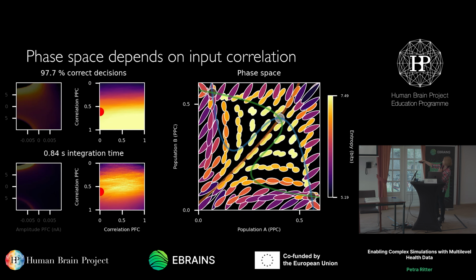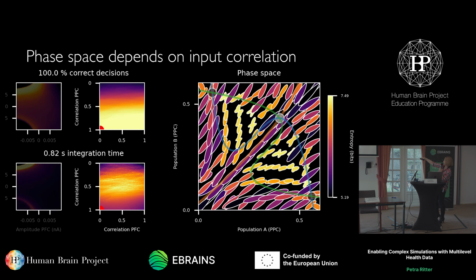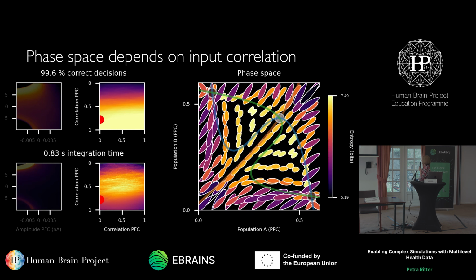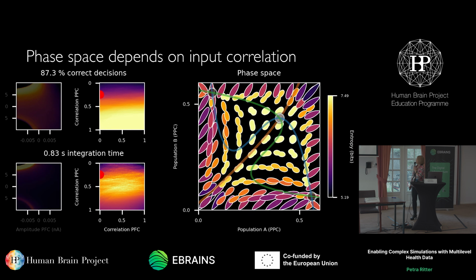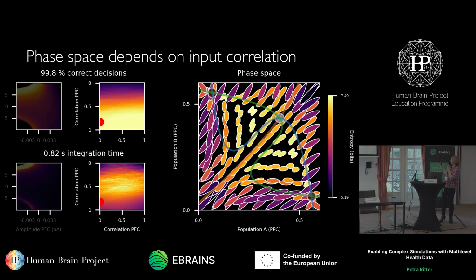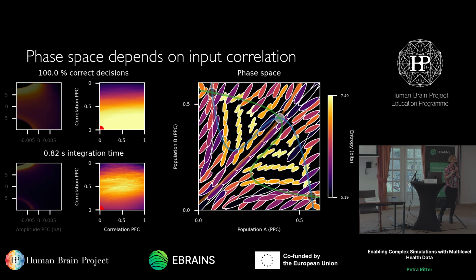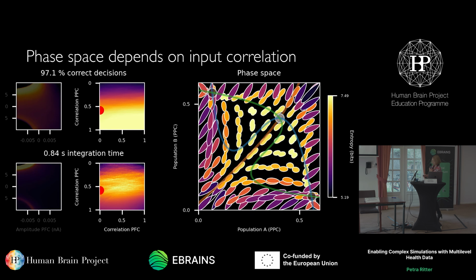So here you see we move this dot. We see that there's a reconfiguration of the stretchedness of these glyphs. And this means that they move from being more isotropic to more anisotropic, so that they obtain some degree of directionality.